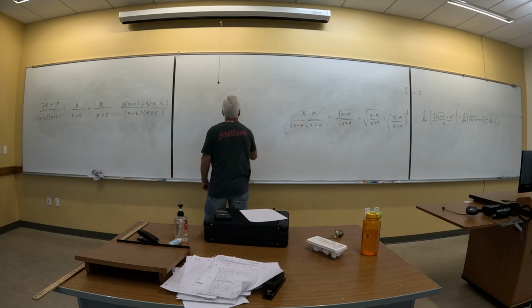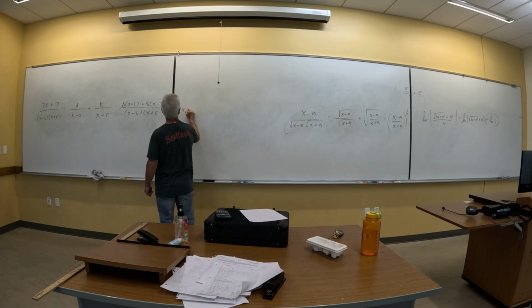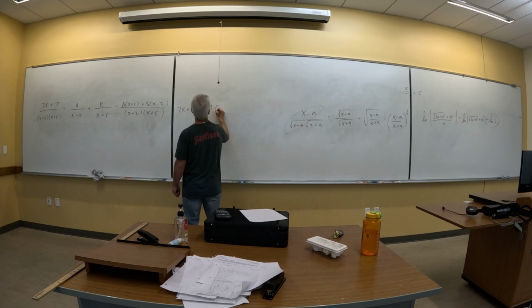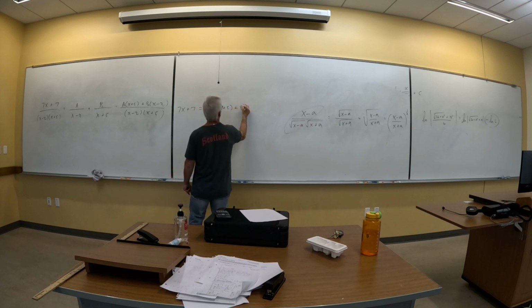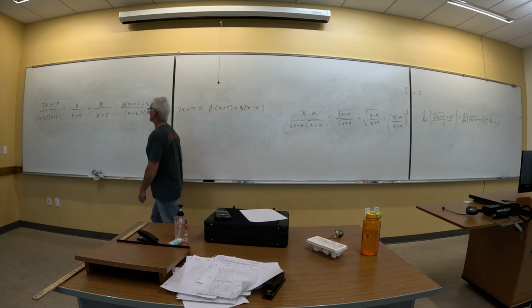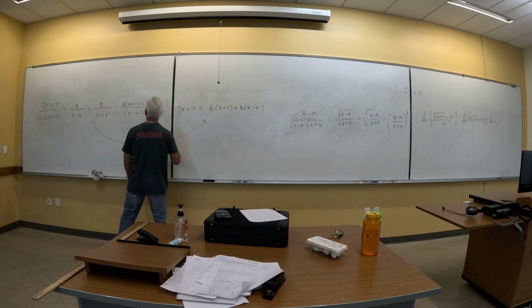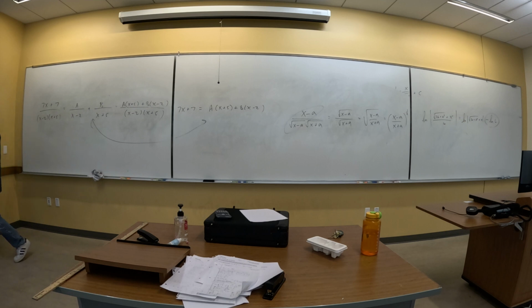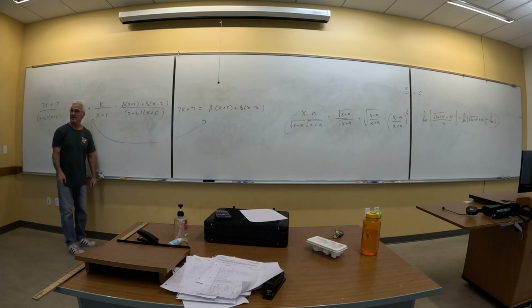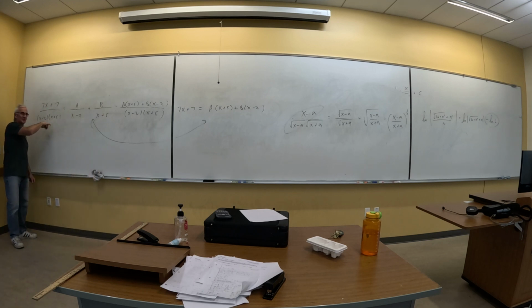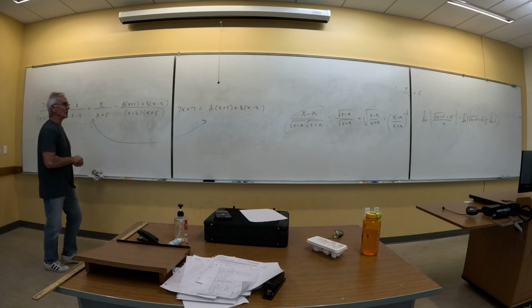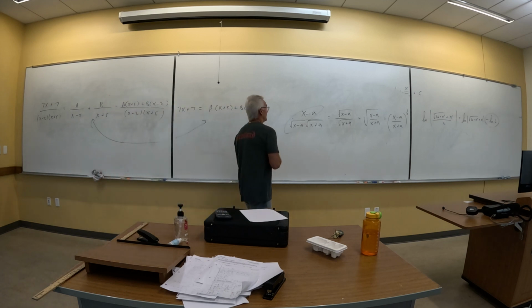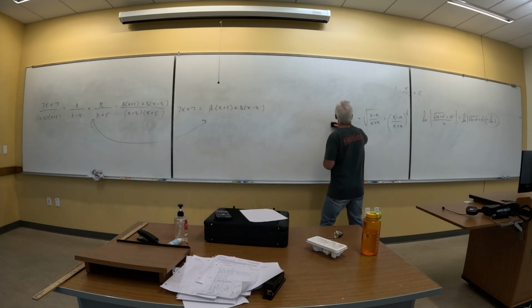So the next thing we will write is that 7x plus 7 equals A times x plus 5 plus B times x minus 2. So here's what I'm telling you. Right off the bat, go directly to here. Go directly to there every time. Yes, this is the justification. But because you're equating numerators, it's kind of like saying multiply both sides by the common denominator. So I only want to look at the numerators. I could care less about the denominators because once they're the same, now I have two equations, I have two unknowns.